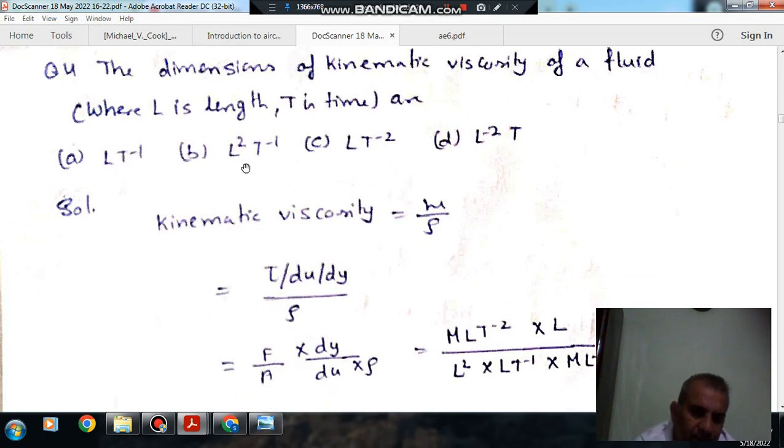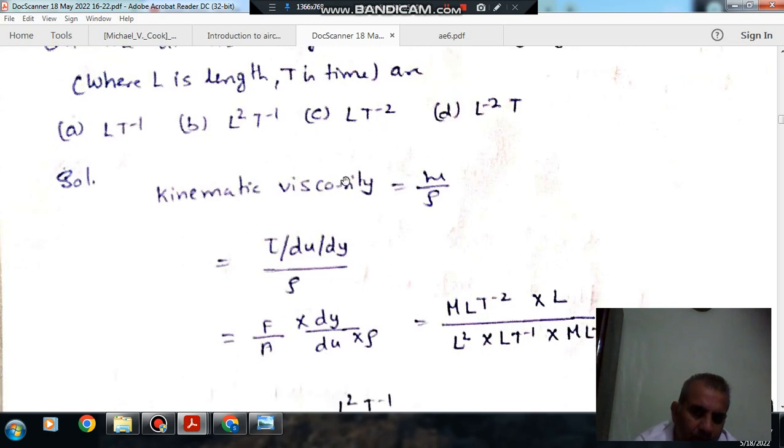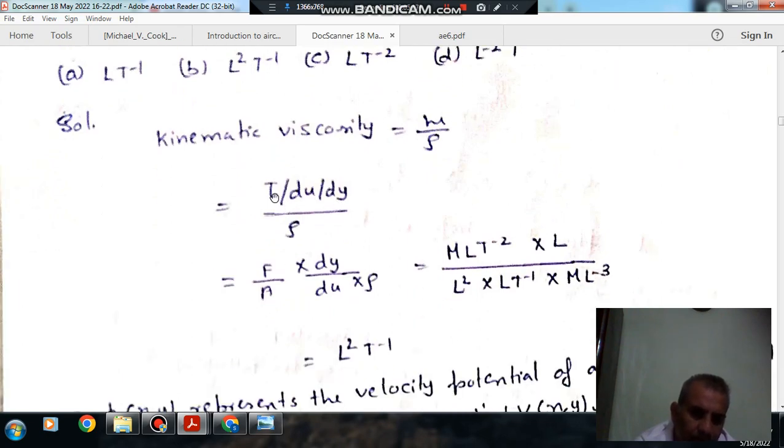Option A: LT^-1, option B: L^2 T^-1, option C: LT^-2, option D: L^-2 T. So the kinematic viscosity is mu by rho, and mu is tau by du/dy, and tau is F by A, force by area, and then divided by rho.